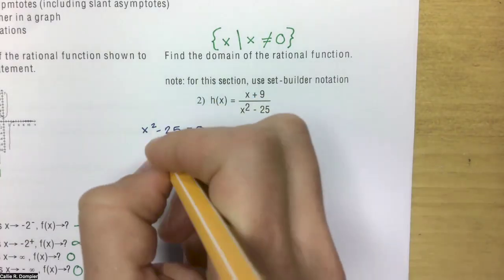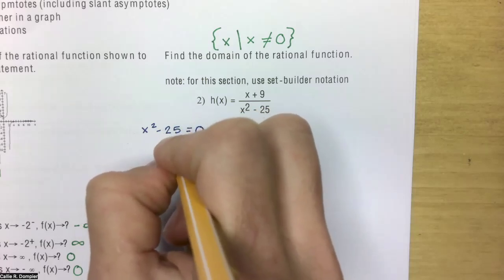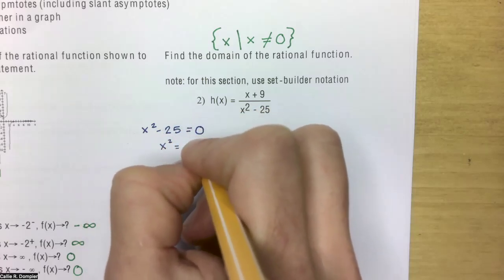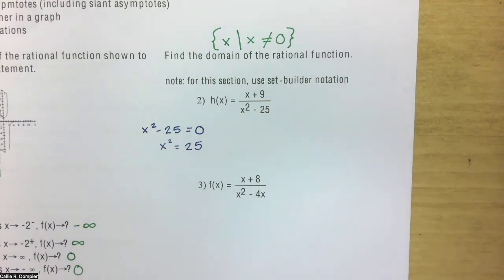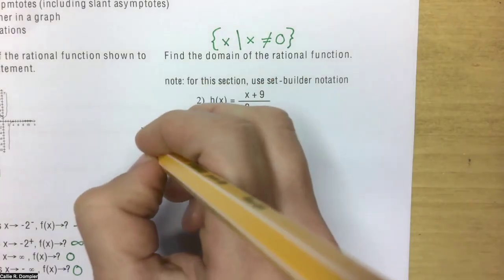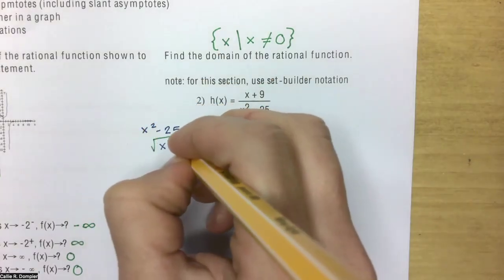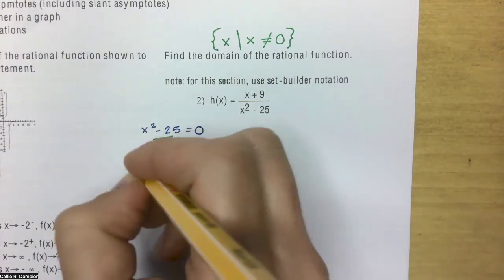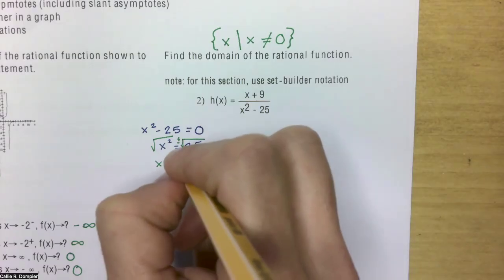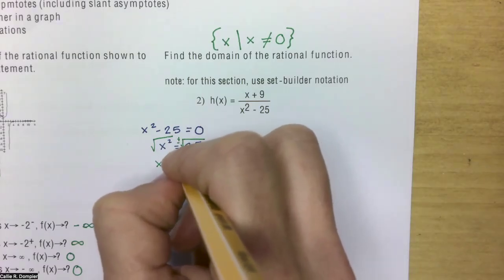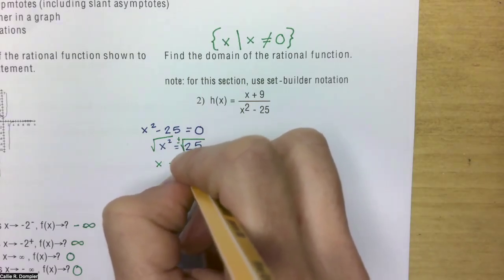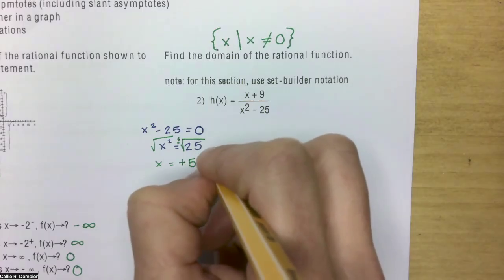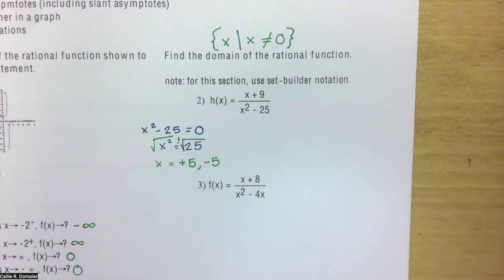So add 25 to both sides, and we get x squared equals 25. Now I need to take the square root of both sides to find x, right? So the square root of x squared is going to be equal to positive or negative square root of 25. So that means x is equal to positive 5 or negative 5. So that's one way to do it.